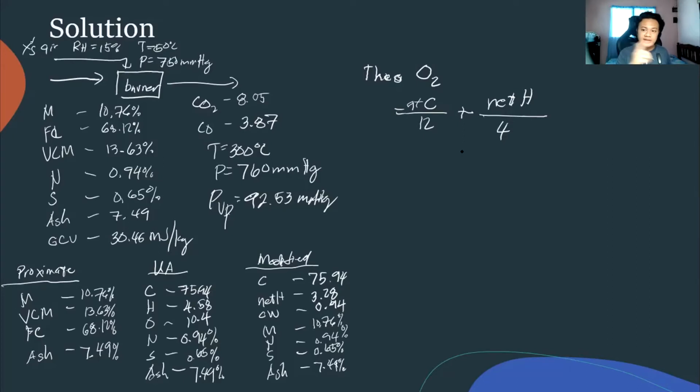From the last video, the molar mass of hydrogen is 1, so 1 kilomole per 1 kilogram per 1 kilomole. So, that's the formula. It's really simple actually.